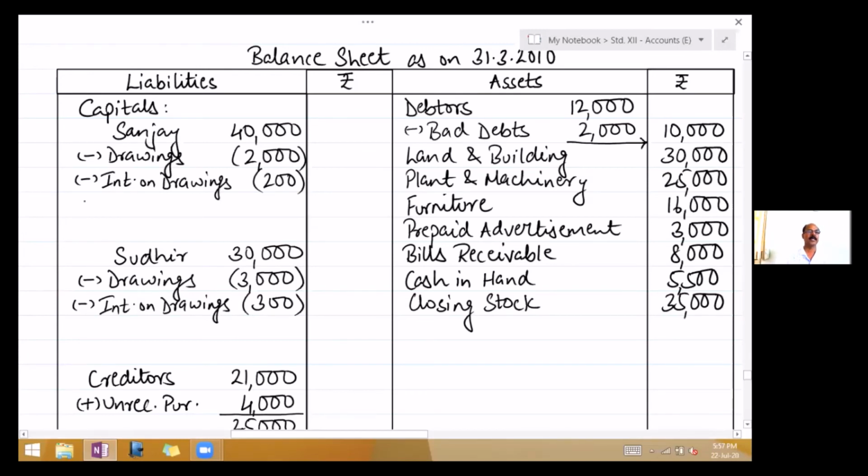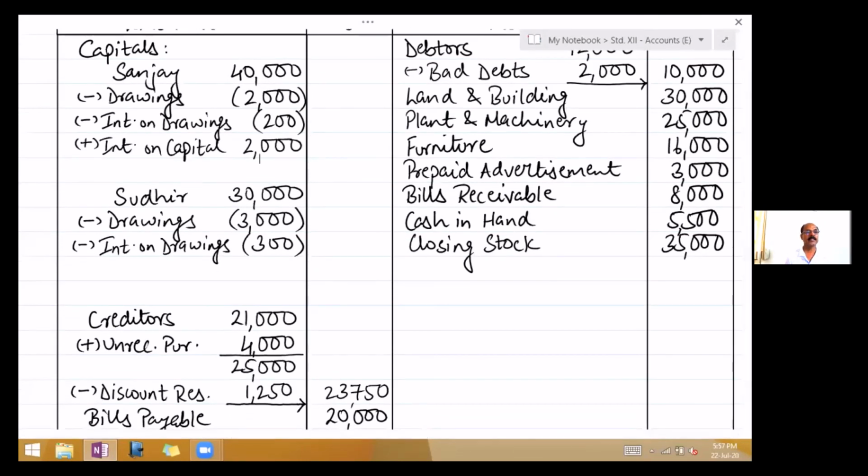In case of Sanjay, 5% of 40,000 is 2,000. And in case of Sudhir, interest on capital, 5% of 30,000 is 1,500.